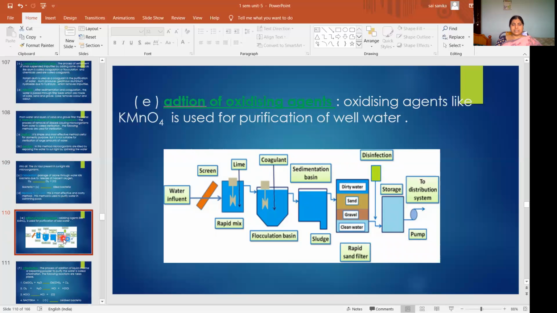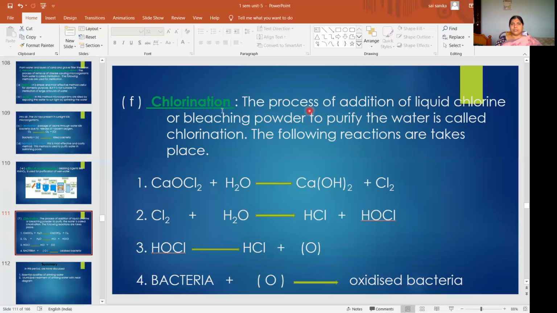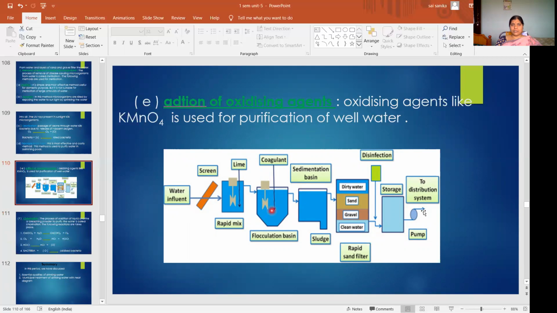And at last, this is the chlorination. This is a very effective and common method, and we will use this method only. We will add bleaching powder to the water to purify the water. And this is the diagram I already showed you.